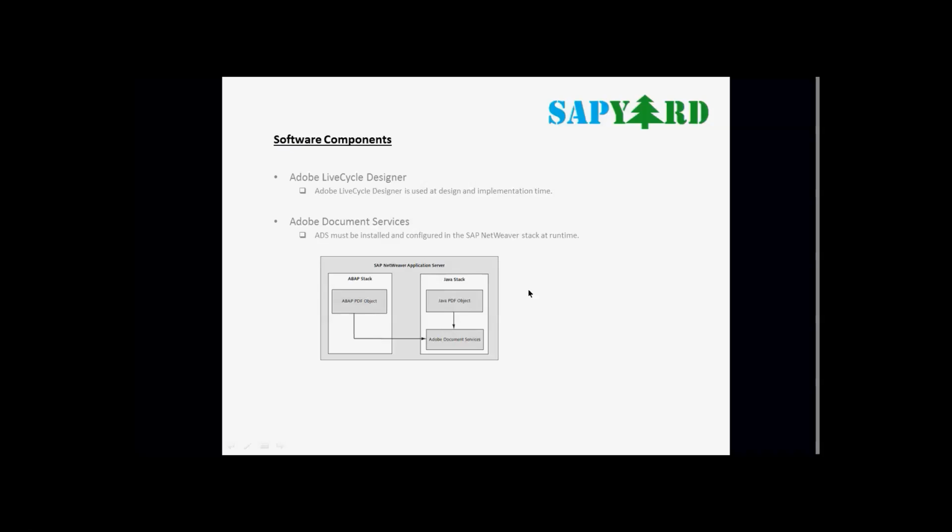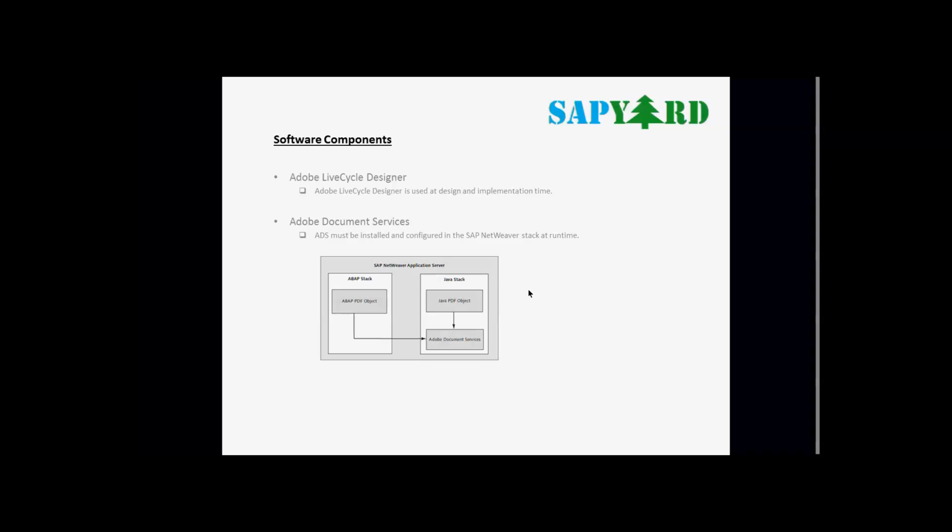So before 740, SAP NetWeaver provides a dual stack setup, but after 740 SAP is not providing that by default. In all the companies, this is the responsibility of the basis consultant, who can install ADS.